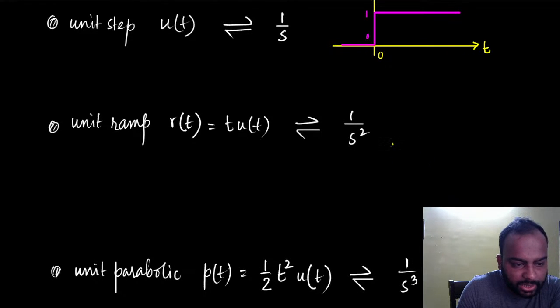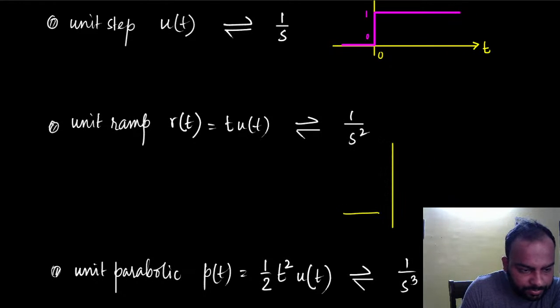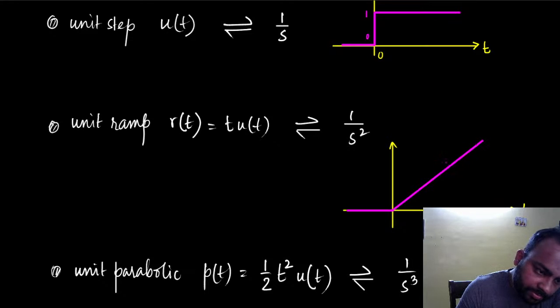Now this is the unit ramp signal. The value of the signal would once again be 0 as time t is less than 0, and at t equal to 0 it is also 0, and then it runs with a slope of 1, right?